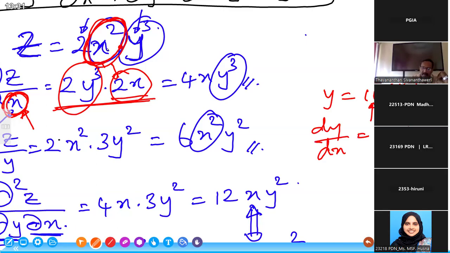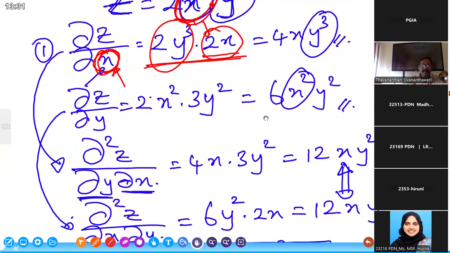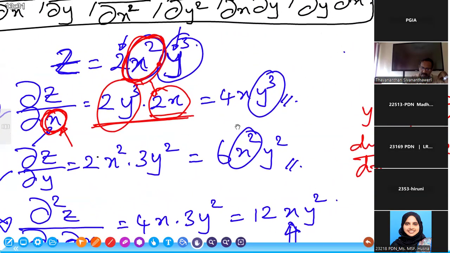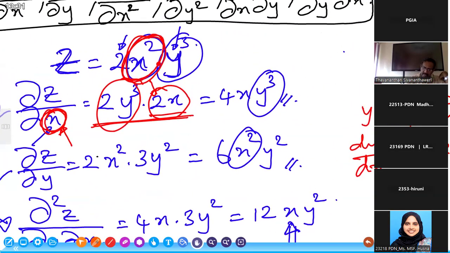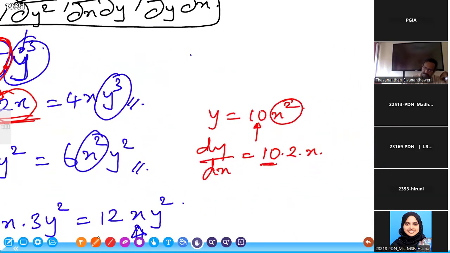Here the constant is 2 and y to the power 3, so keep them as multiplicative constants. Any other questions? If you are not sure or familiar, ask questions. Okay, now we can find out the other components, for example this one from here. I will erase this.